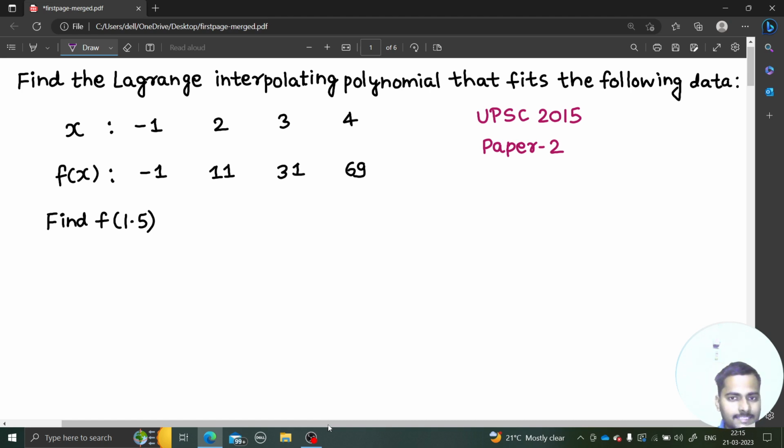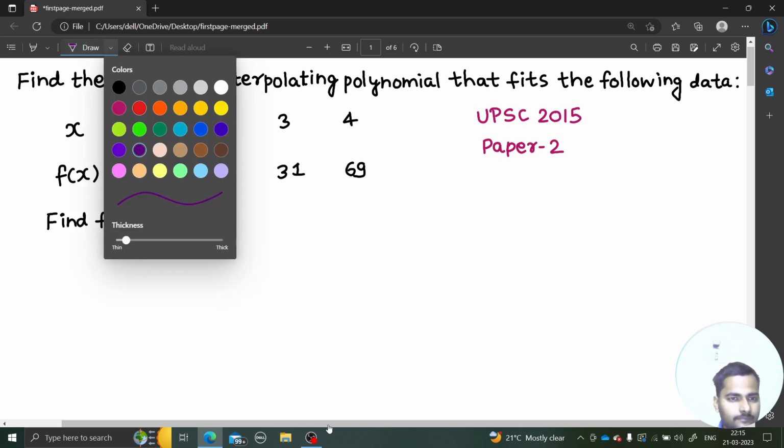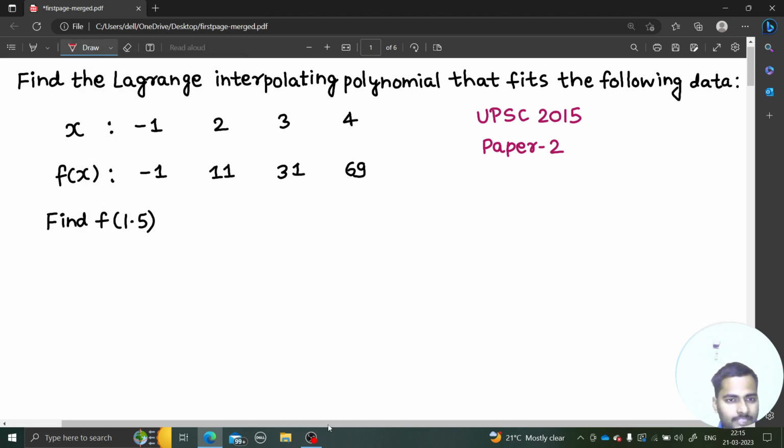So in Lagrange's method, we name these as x0, x1, x2 and x3.